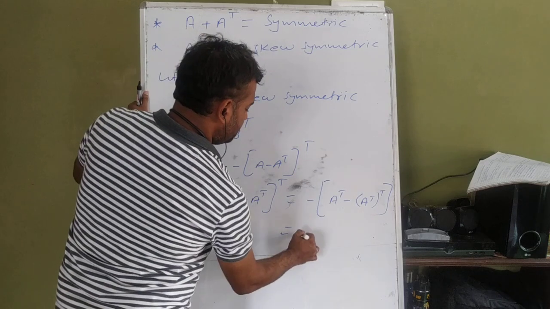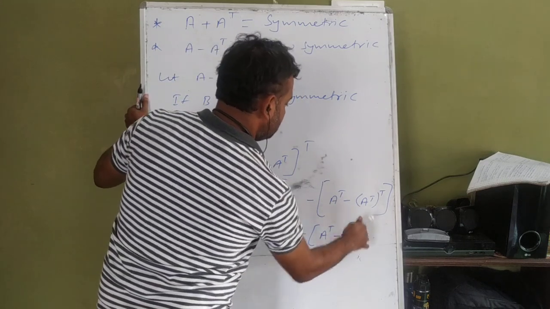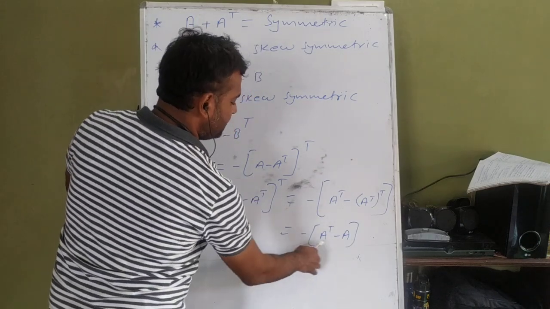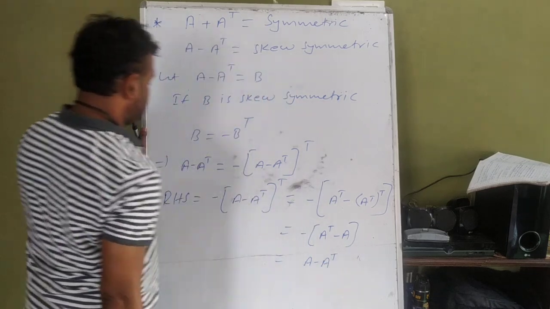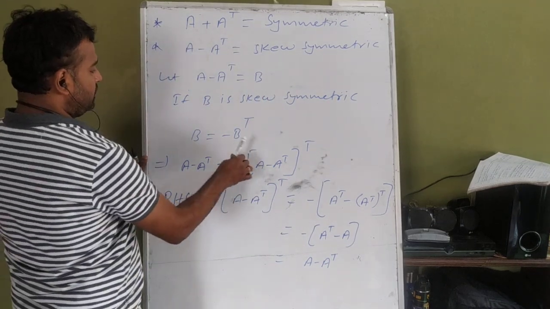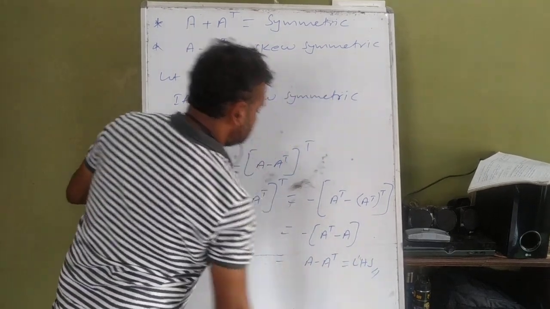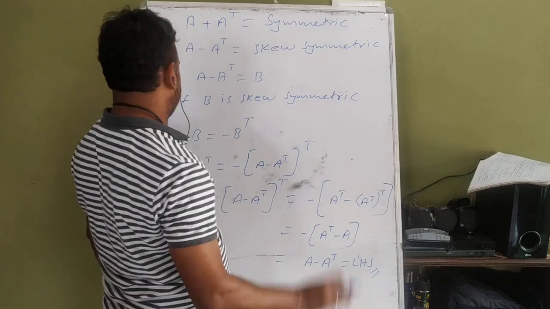Can it be written A transpose minus, transposing the same matrix two times gives the same matrix, so minus of A minus A transpose. See, we have taken from the RHS and we are getting the LHS, the same matrix A minus A transpose.